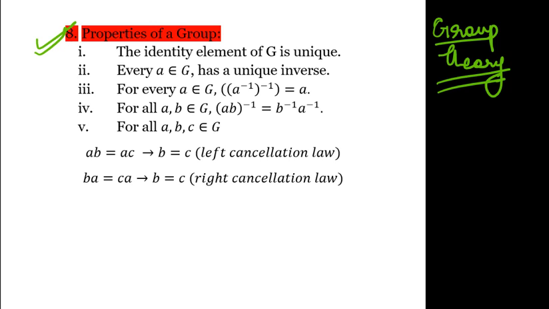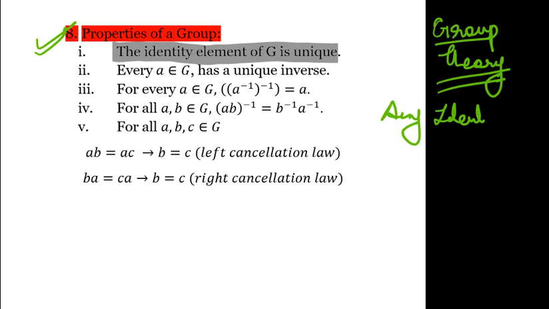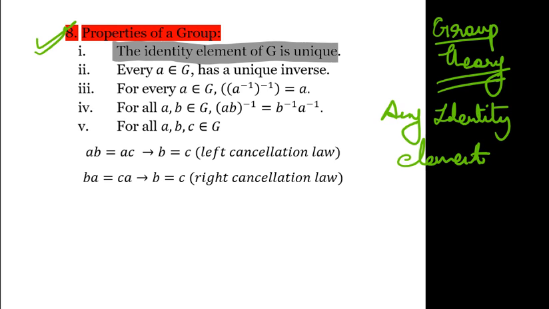What are the properties of a group? It says that the identity element of G is unique. So any identity element in G will be unique.